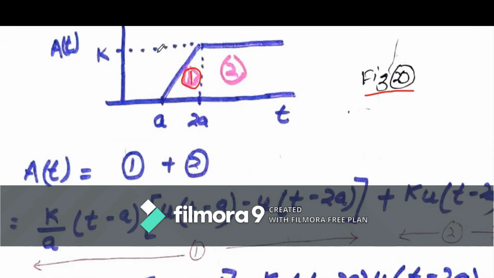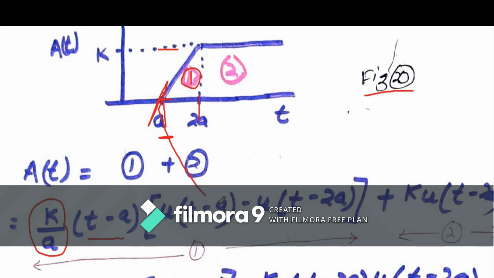Here x2 is 2a and x1 is a, y2 is k, and y1 is 0, into t minus A, since this line intersects the x-axis at point A. Again you have to write down a gate function starting from A, so you will write u of t minus A till u of t minus 2A. So this is the expression for part 1.